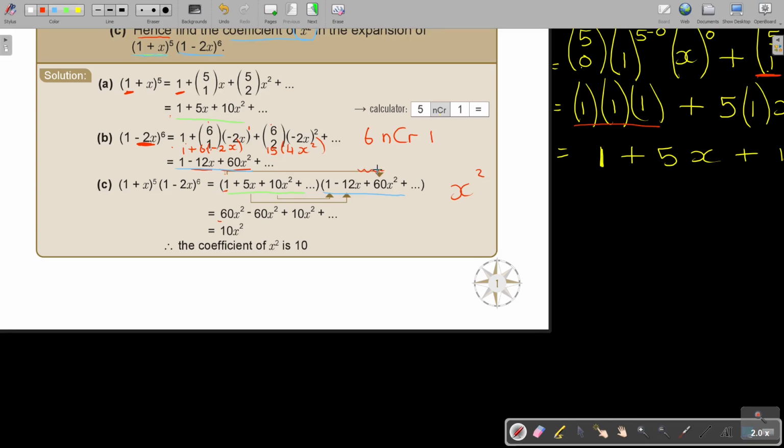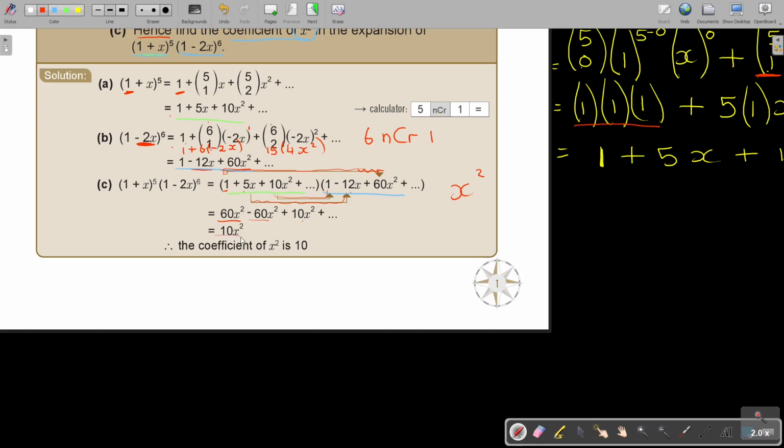Then you get 60x squared. Then if I take this 5x and I multiply it with another x, so 12x, it's that arrow I showed you there. And then I get negative. And then the last one that will give me an x squared is if I take this one and multiply it with the 1, and that will be 10x squared. Then I simplify and I'm just getting 10x squared.